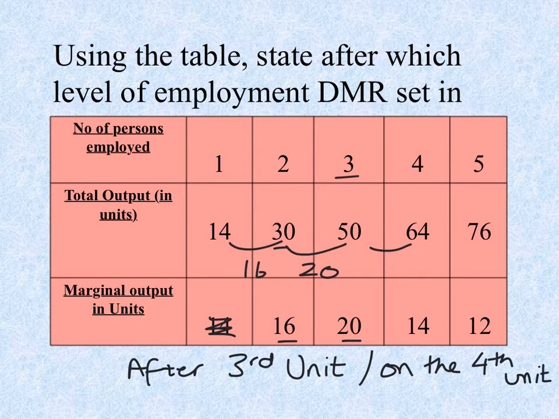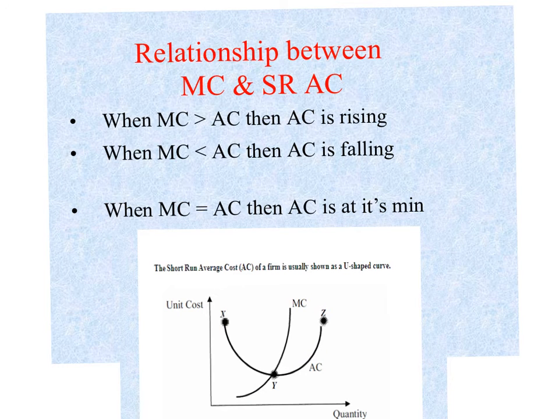It's very similar to the law of diminishing marginal utility, but this is to do with the returns on additional variable factors.